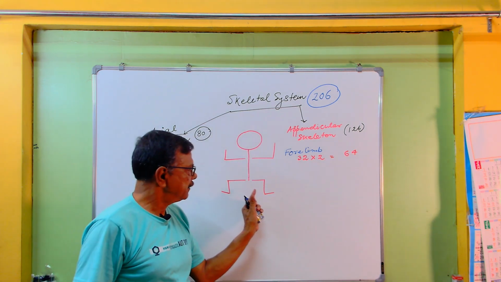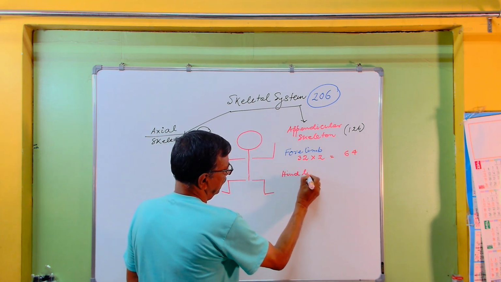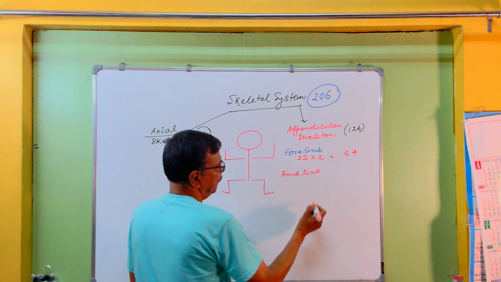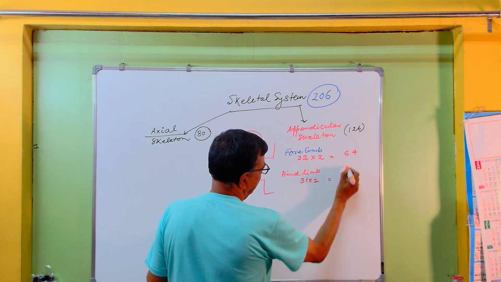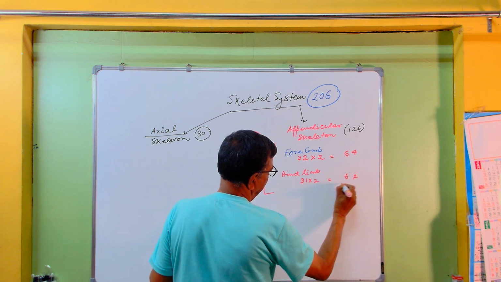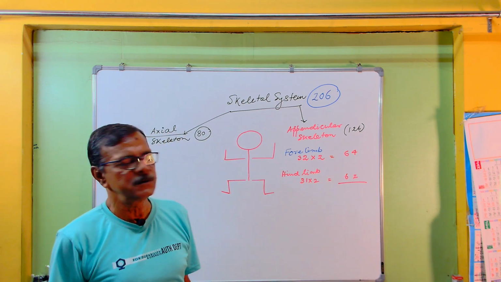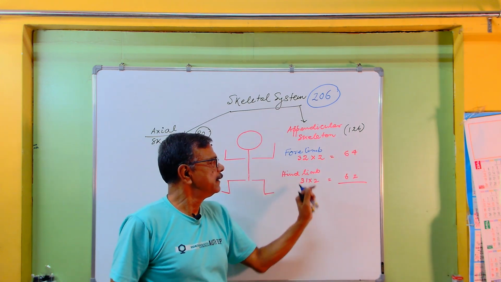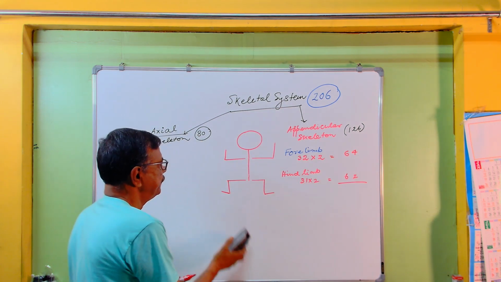Clear? Now this is the hind limbs, which consist of 62 bones. So this part is over. 64 and 62 are this. Now what is left?